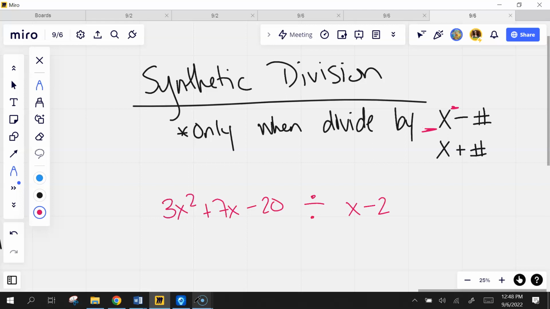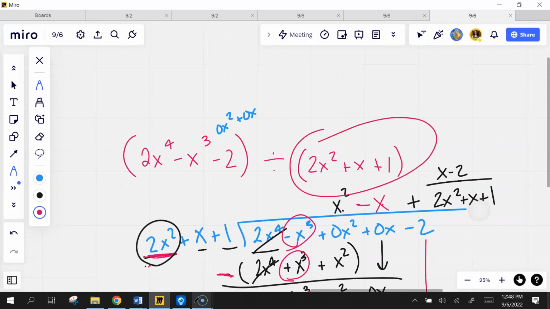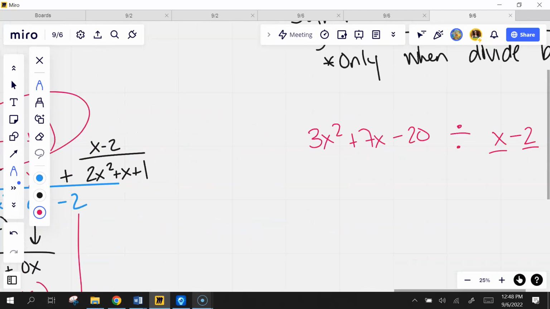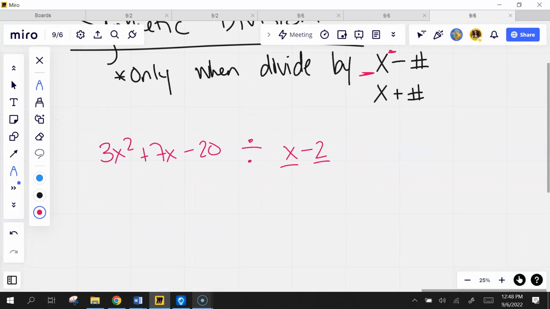So I can use it here because it's just x minus a number. Over here, see, it was a polynomial. It's only when you're dividing by that, yes. It's only for the bottom part. Now, you still have to have placeholders here, so be very careful. In the case of this one, I don't need a placeholder, but your answer will be way, way wrong if you don't put placeholders in synthetic division.